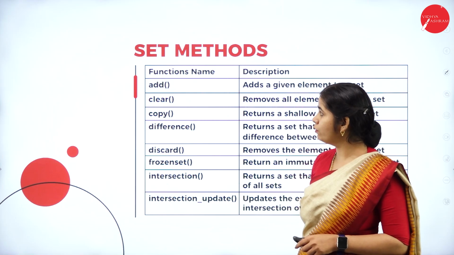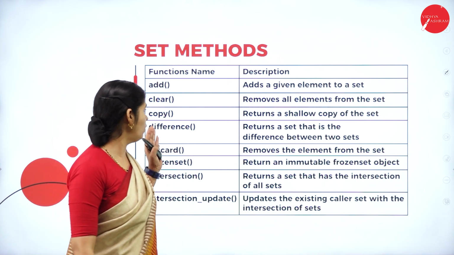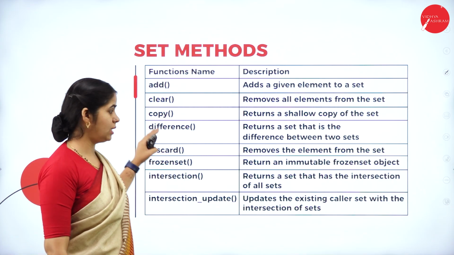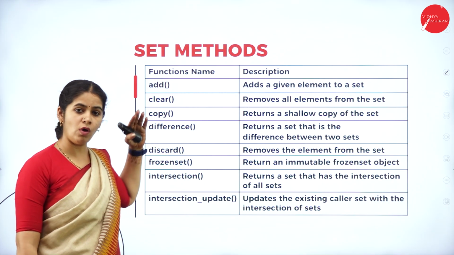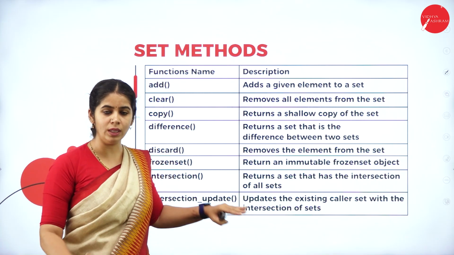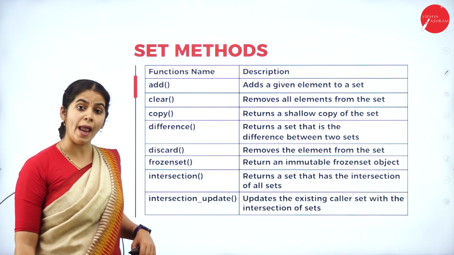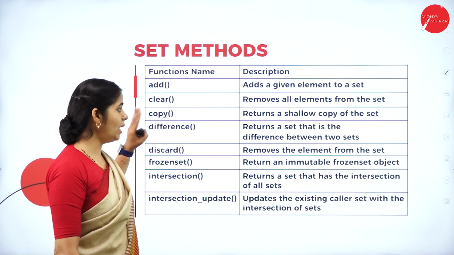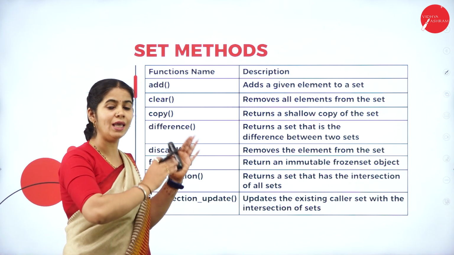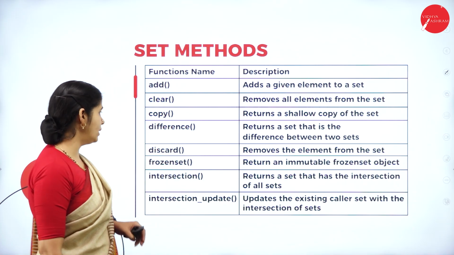So these are some of the built-in functions and methods we have on sets: add, clear. We have already discussed how add and clear work. Clear will clear all the elements of the set. Add will add a single element into the end of the set, and copy will allow you to copy all the elements of one set to the other set.